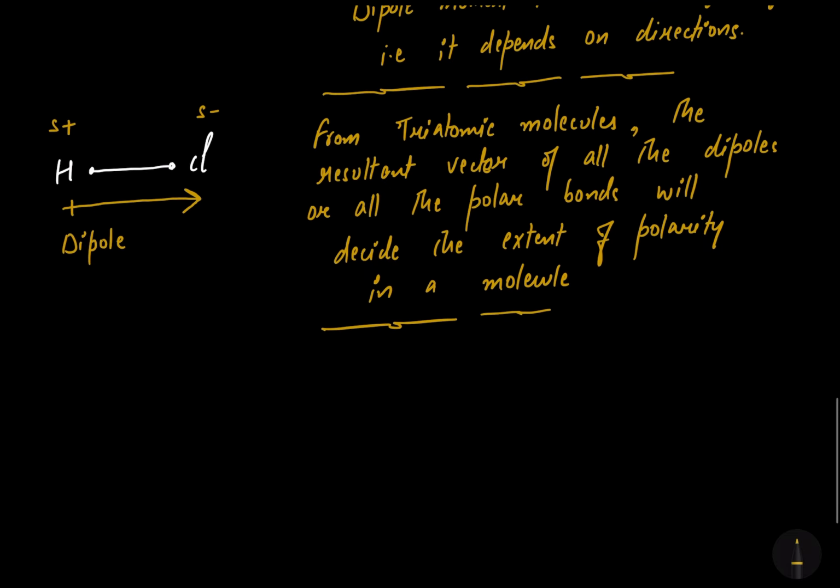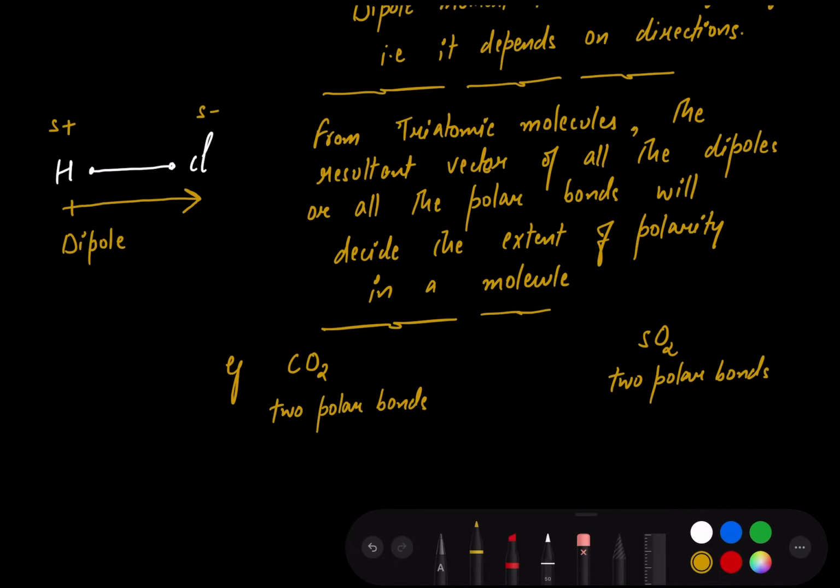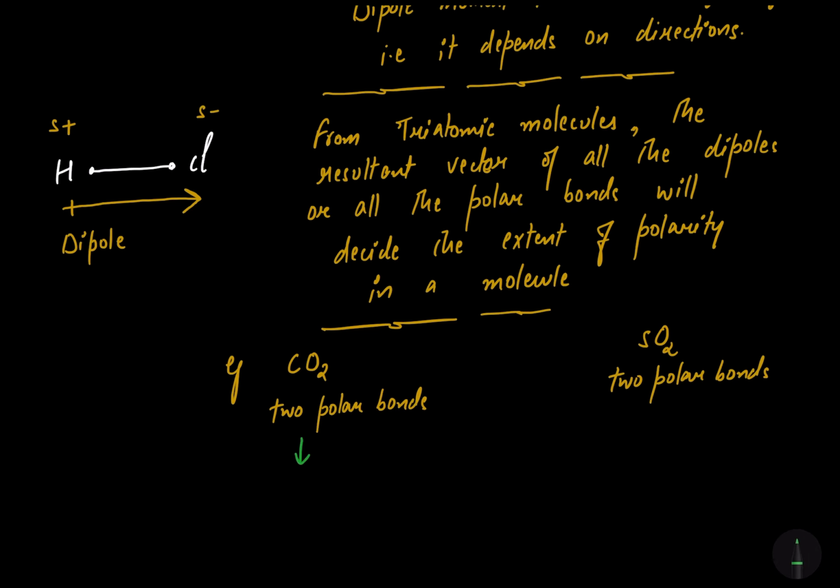Let me give you an example. Carbon dioxide. The carbon dioxide molecule is having two polar bonds. Let me take another example, sulfur dioxide. This sulfur dioxide is also having two polar bonds. But on the whole, carbon dioxide molecule is non-polar.